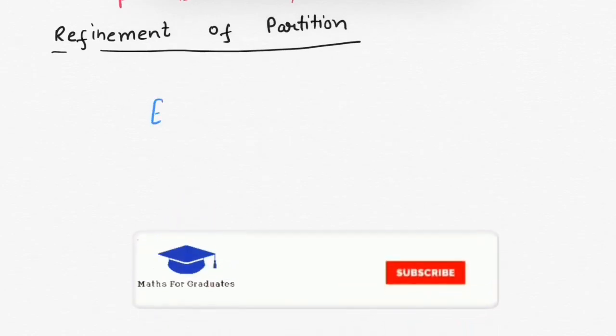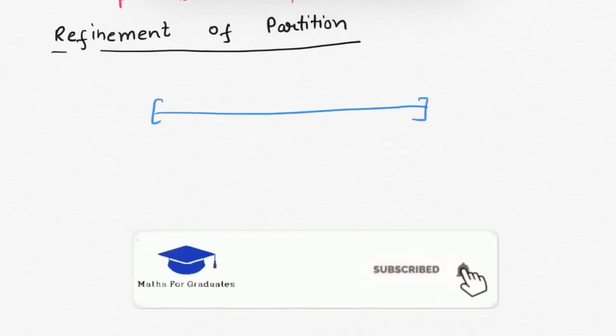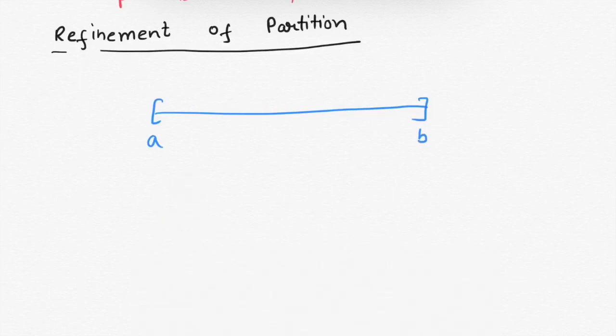Suppose [a, b] is a subinterval, and I divide this interval into a number of subintervals. Suppose this is point x0, this is x1, this is x2, this is x3, this is x4, this is x5, this is x6, and this is x7.